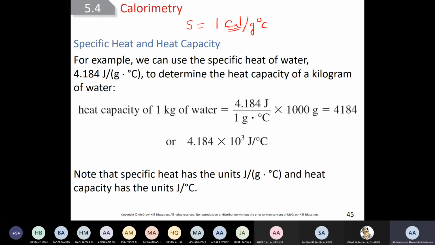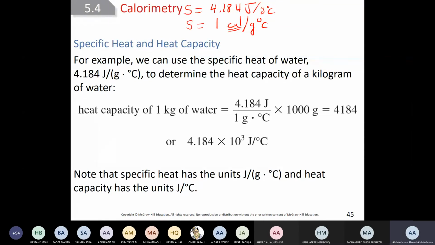Did you see this unit before? Calorie, what is it? It's, sorry, I wrote it capital, it should be small calorie, which is exactly 4.184 joule per gram degree C. Is this clear?